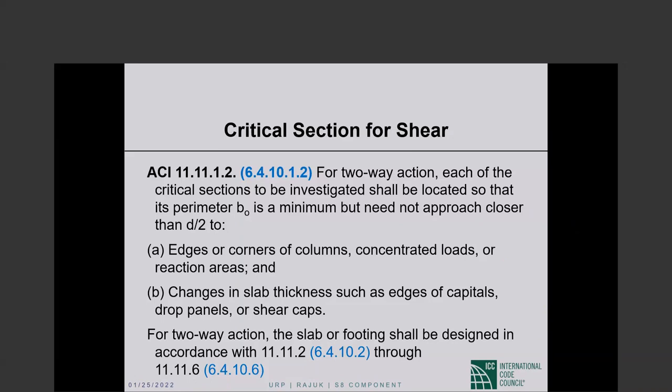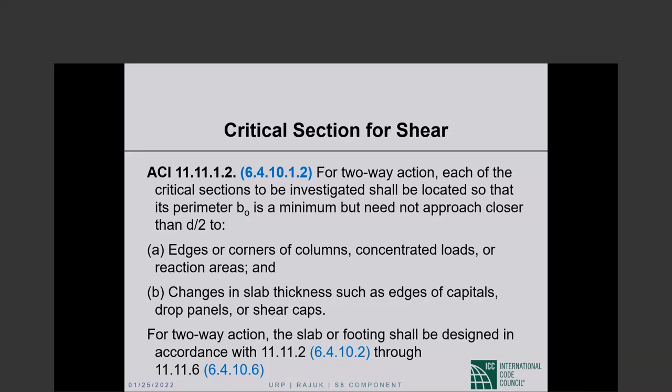It says d over 2 from edges or corners of columns, concentrated loads or reactions. And so the first critical section is around the column. But if you have a drop panel, a thickening of the slab, drop panel or shear bracket, whatever, then around the change in thickness where the drop panel ends, we will have a second critical section d/2 away from the faces of the drop panel.